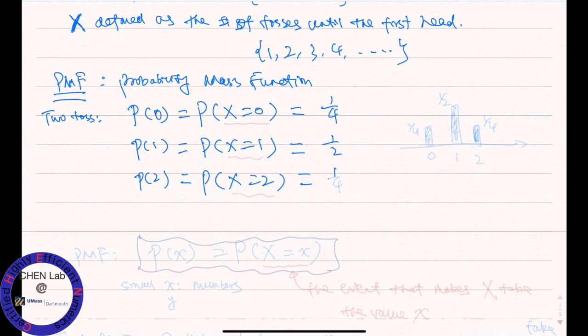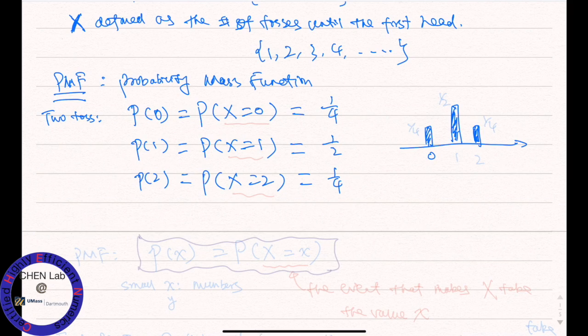X equal to 2 is 1 over 4. That's a function. That's the so-called PMF. The mass is like a weight, so this probability has a weight of 1/4 at 0. If you plot this, like this, how do you call this?